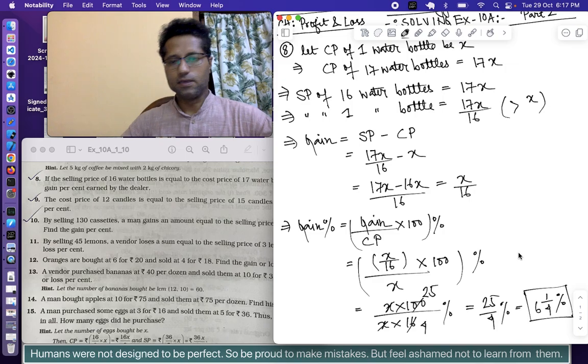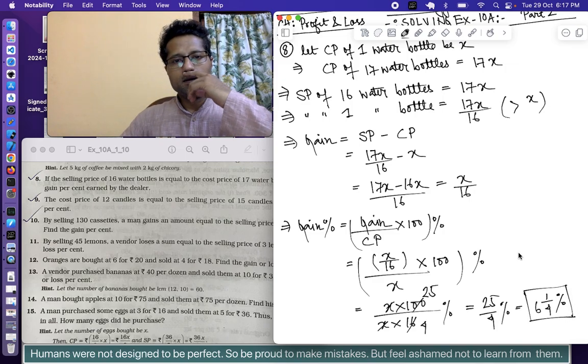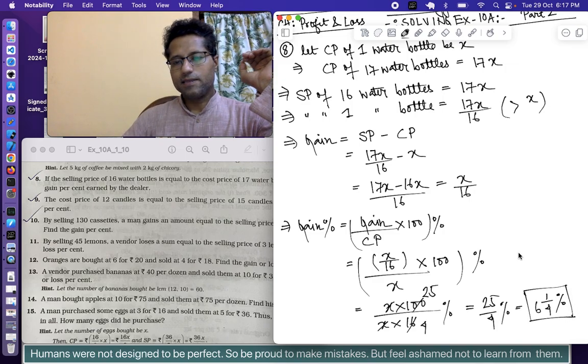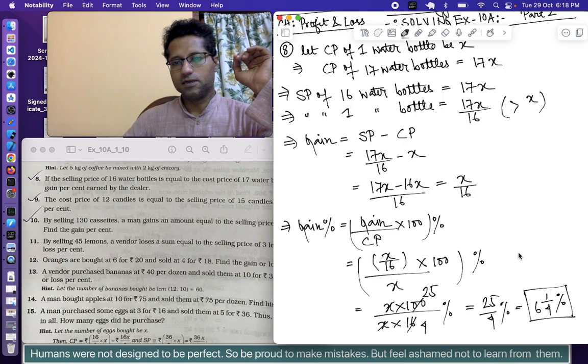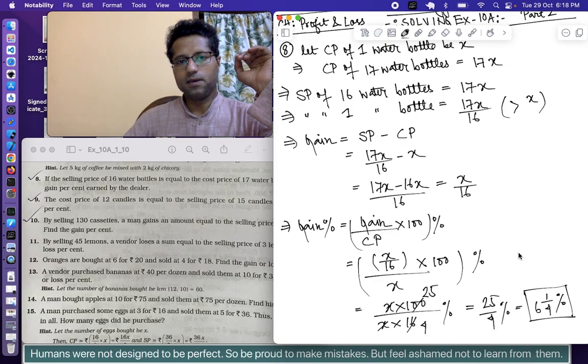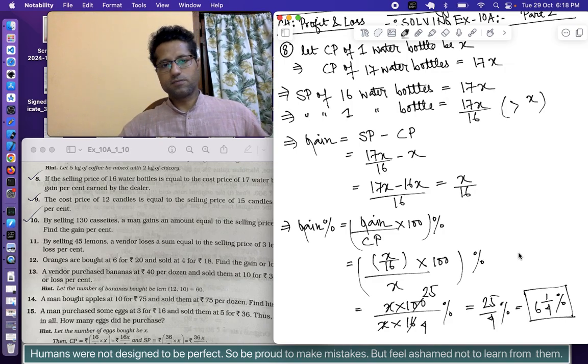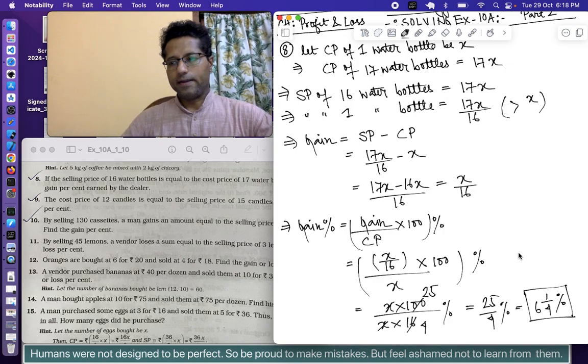Now remember one thing: if you are asked to find the gain percent or loss percent, it will not depend upon the number of articles or commodities sold or purchased. Meaning, the gain percent will be the same for 10 articles and 20 articles.